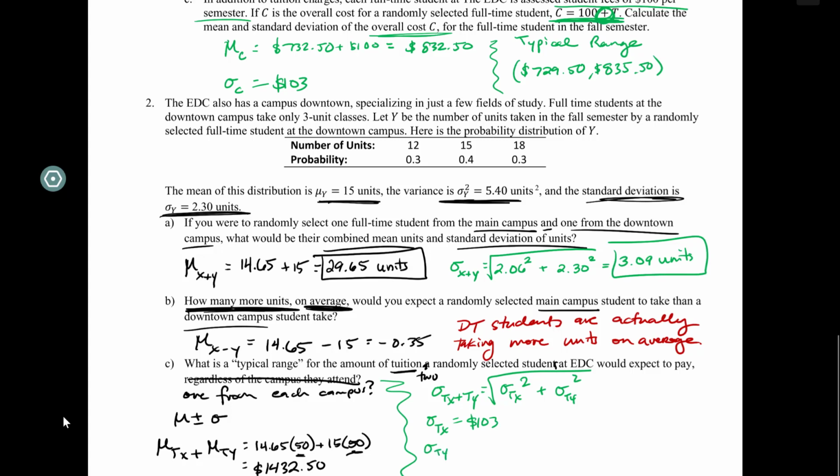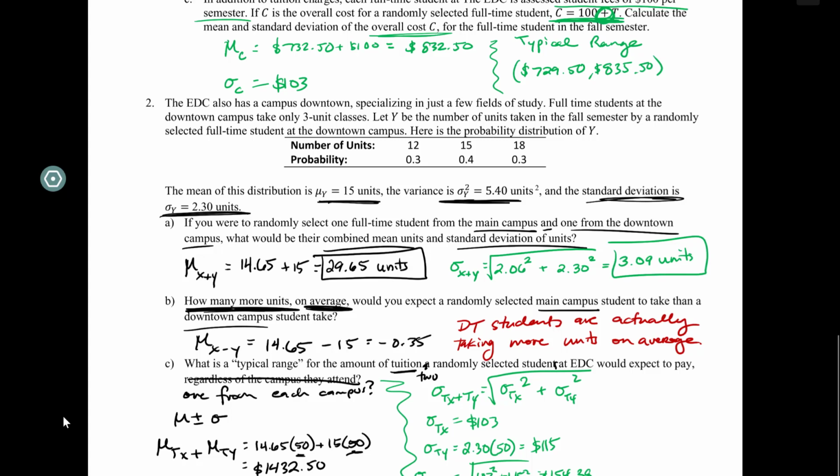But for the second one, the standard deviation we have was 2.3, and we need to multiply that by our tuition cost, $50, and that's going to give us $115. So now, to square, add, and square root these, that's going to give us $154.38 after you punch that into a calculator.